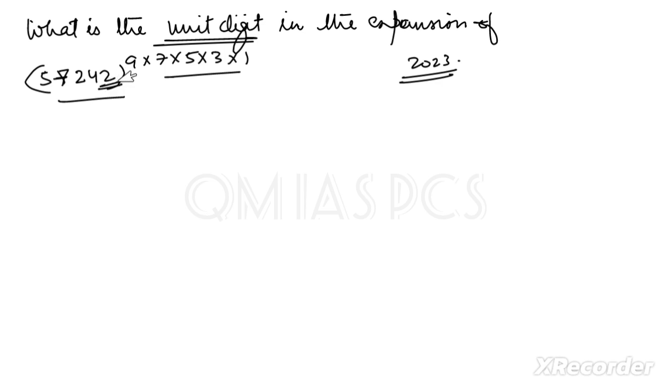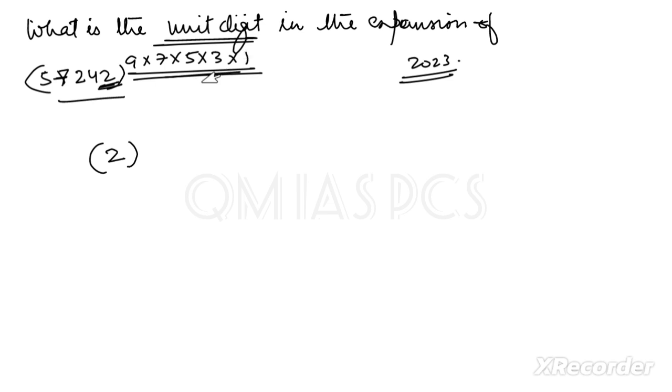This number will decide whether it is an even number, odd number, or whatever the unit digit is. So we have to see 2 power what number. 9 multiplied by 7 multiplied by 5, 3 and 1.